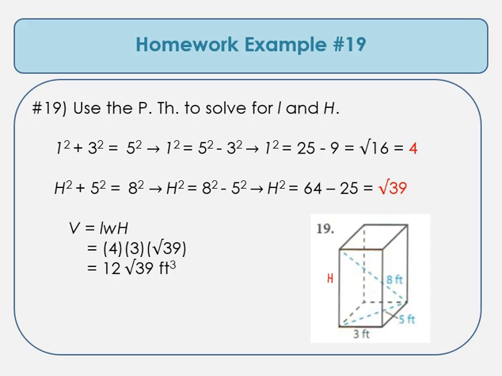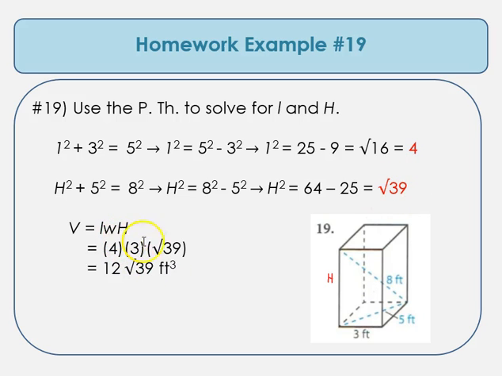There's the height. There's the bottom of the triangle. There's the hypotenuse of the triangle. So we have height squared plus 5 squared equals 8 squared. I'm going to switch this around, so it's height squared equals 8 squared minus 5 squared, which is 64 minus 25, and H equals square root of 39.